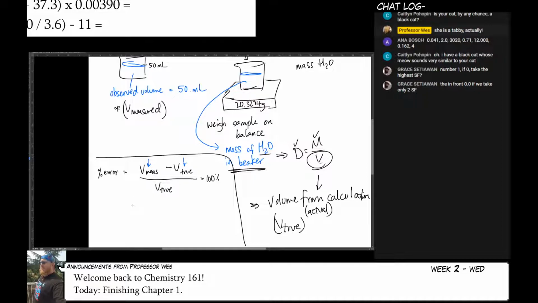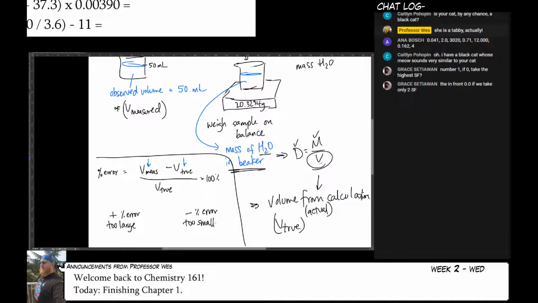A common question that I get a lot of the time is, what happens if my percent error is positive or negative? If you have a positive percent error, the amount that you measured out was too large compared to the correct answer. If you have a negative percent error, then the amount that you measured out was too small compared to what it actually was.